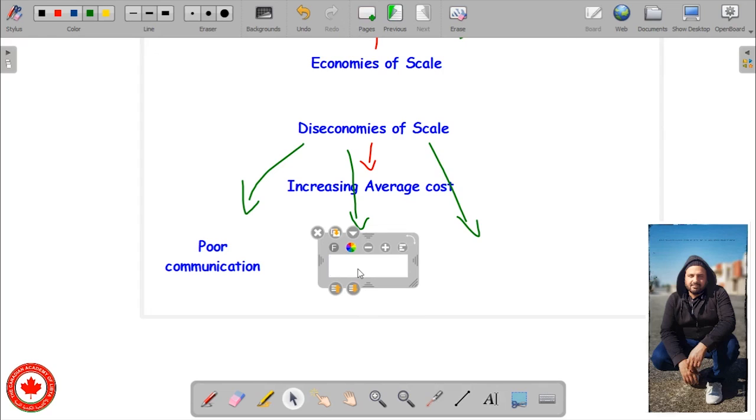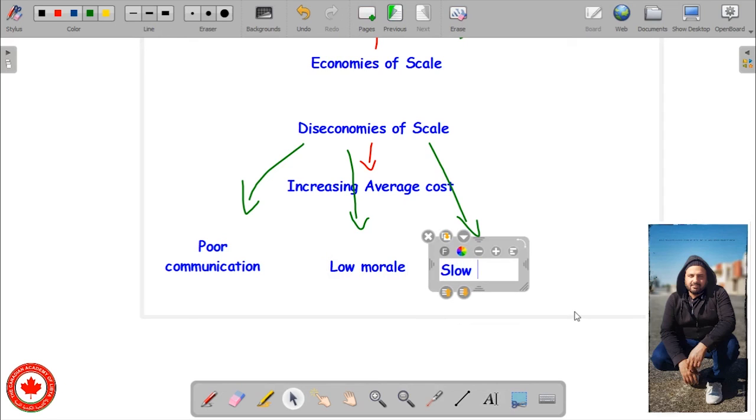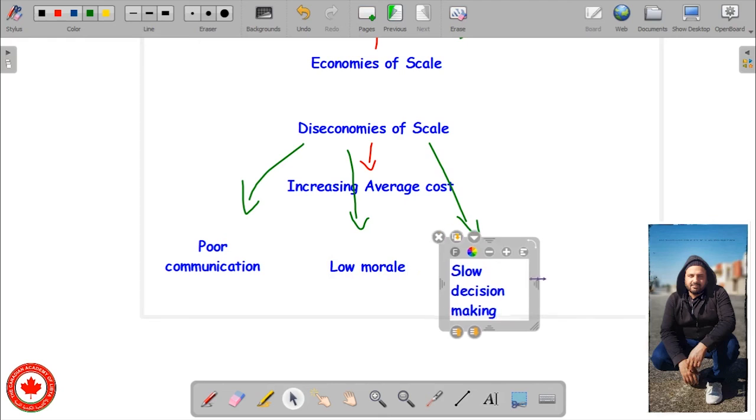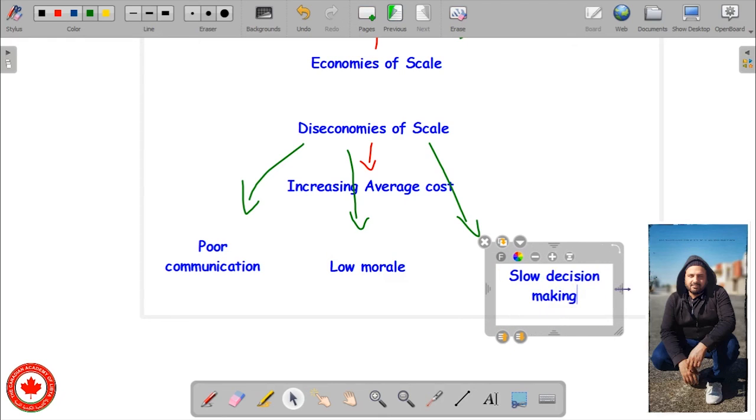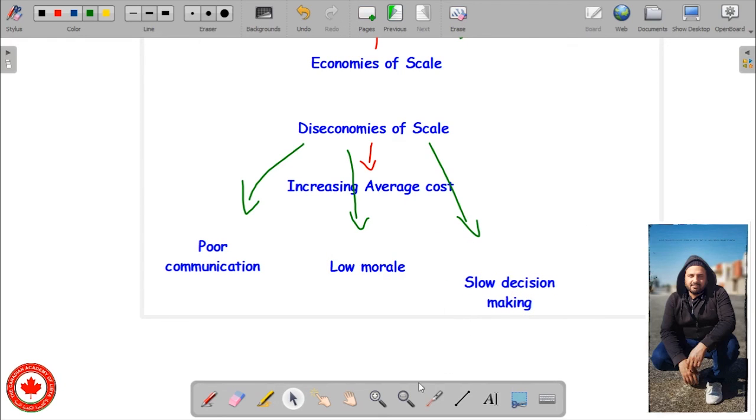Number 2, low morale. Number 3, slow decision making. I hope this session was beneficial for you.